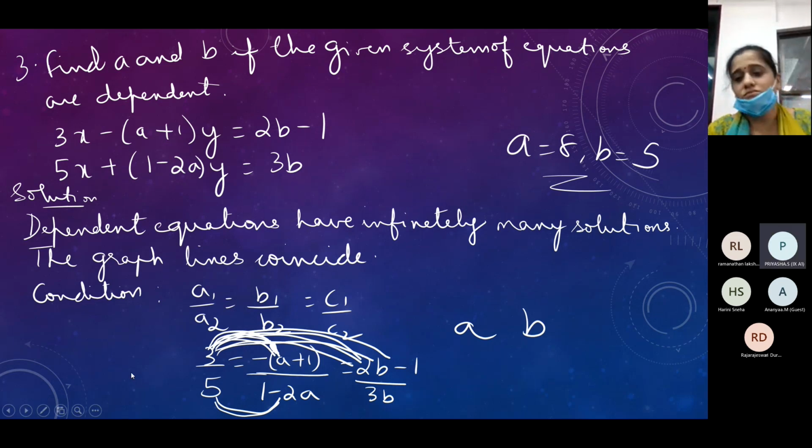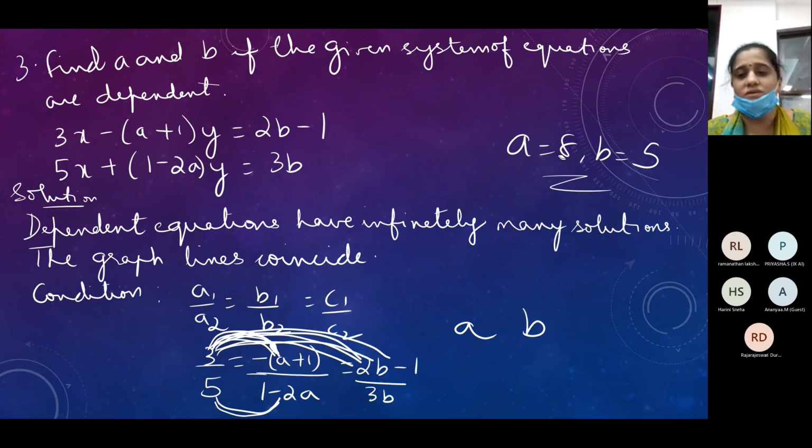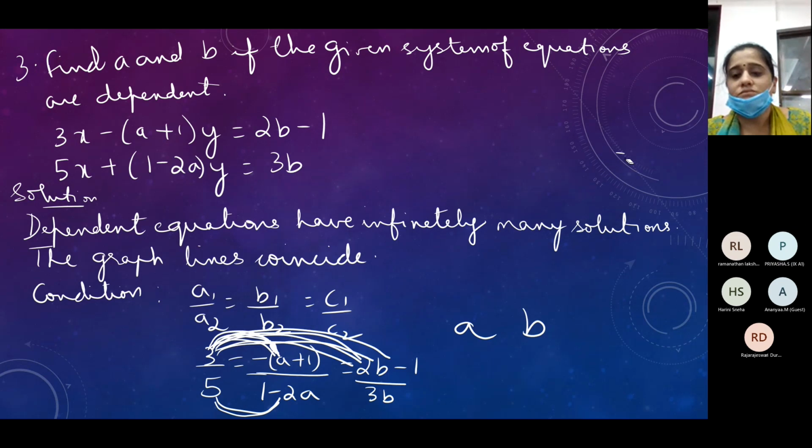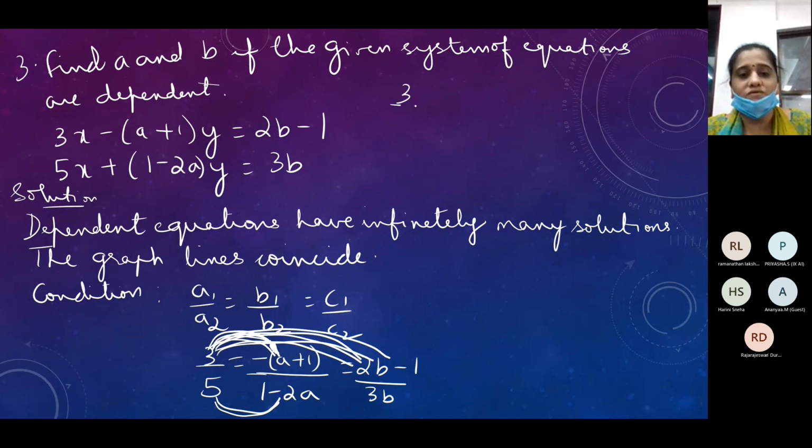How was A 8, ma'am? I'm not getting it. Let me work it out. I have the final answer alone. Okay, so 3 by 5 is equal to minus A minus 1 by 1 minus 2A. Cross multiply.